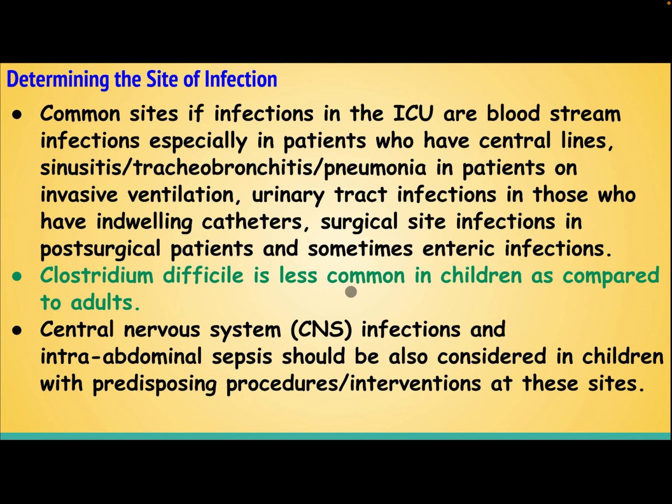Clostridium difficile is less common in children as compared to adults. Central nervous system infection and intra-abdominal sepsis should also be considered in children with predisposing procedures or interventions at these sites.